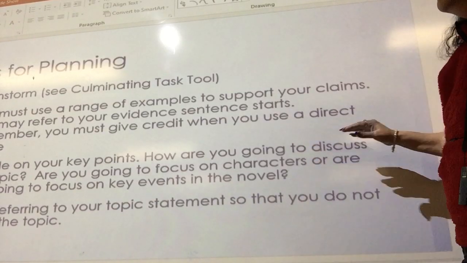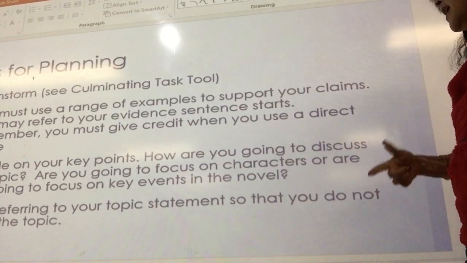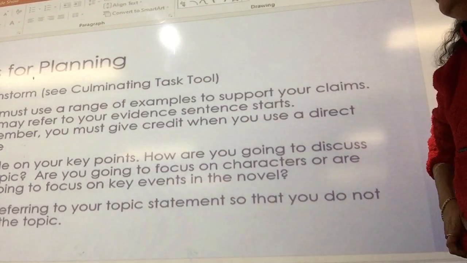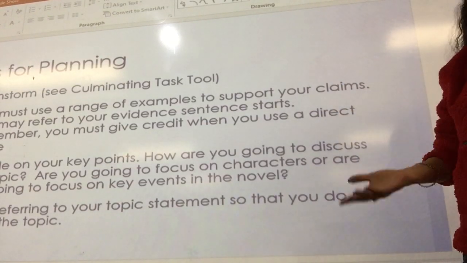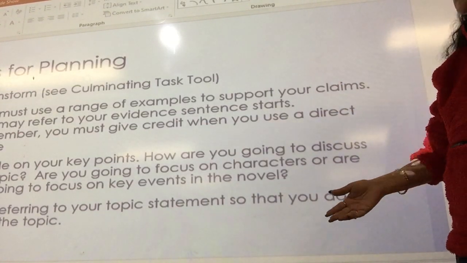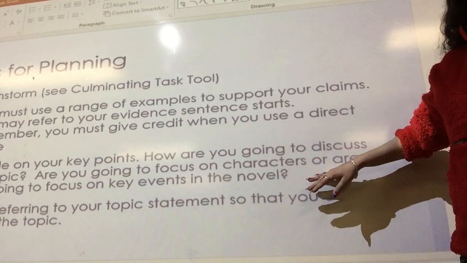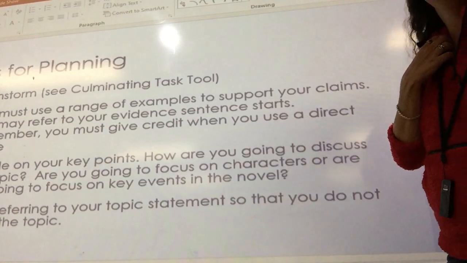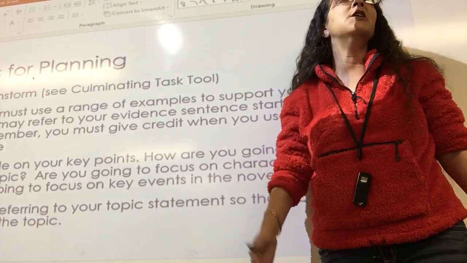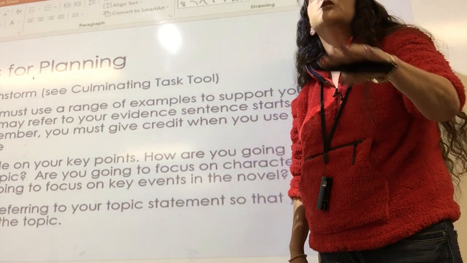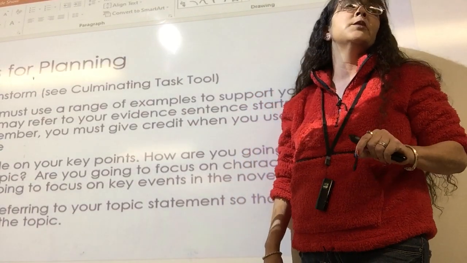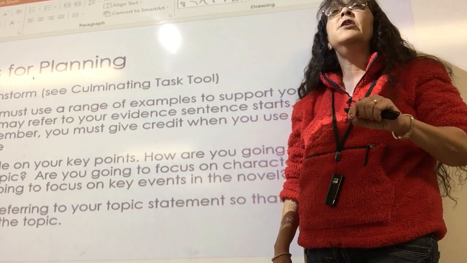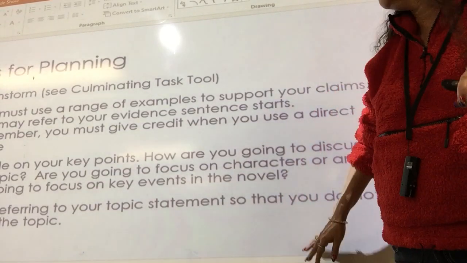Decide on your key points. How are you going to discuss the topic? Are you going to focus on the characters, or on key events? Your choice. But if you choose characters, analyze the characters, and go by the questions on your culminating task tool. You do have to address those questions, but how you do it is up to you.